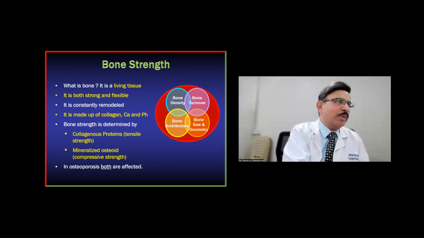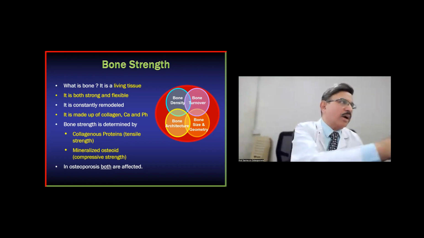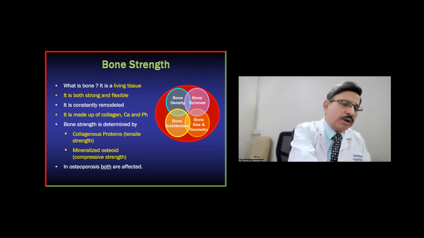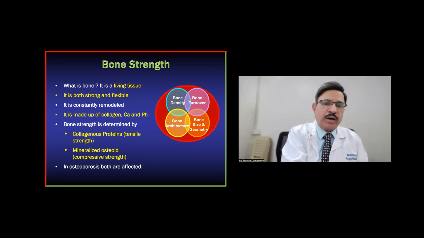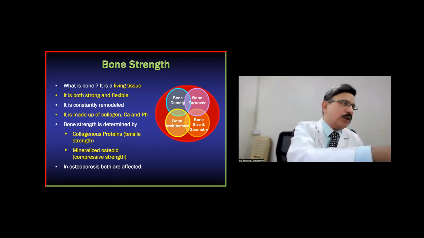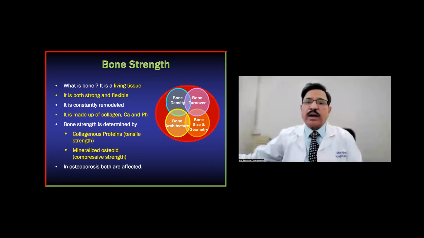Bone has the ability to bend a bit. Not bend 100 degrees, but slight cushioning. The tensile strength is the ability to withstand stress and bend. And mineralized osteoid gives the compressive strength. Compressive strength means if something presses on it, it holds the structure and doesn't allow it to get compressed.